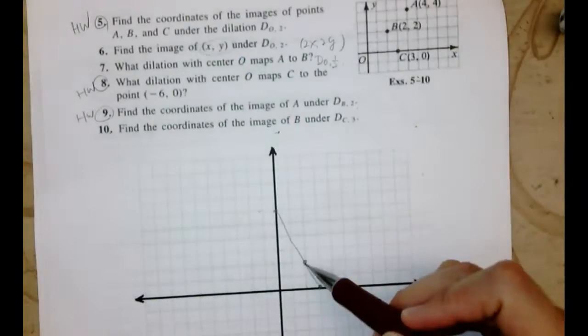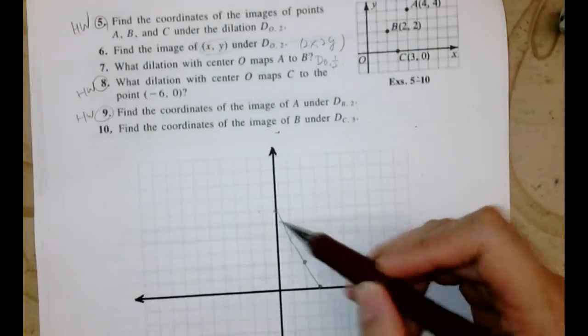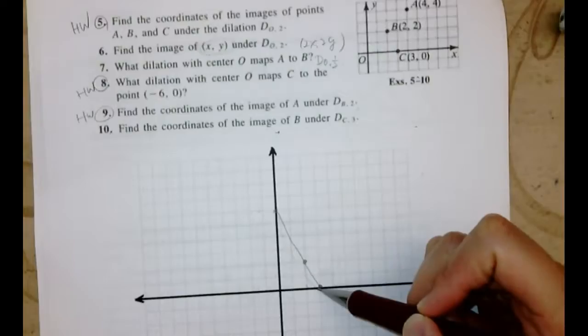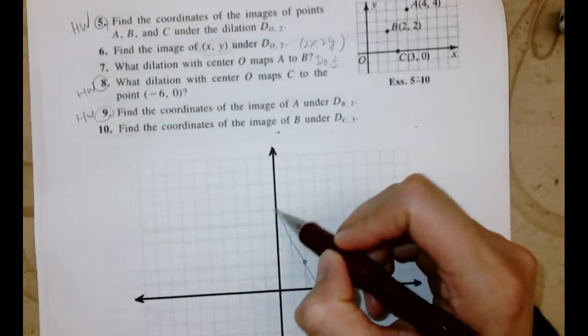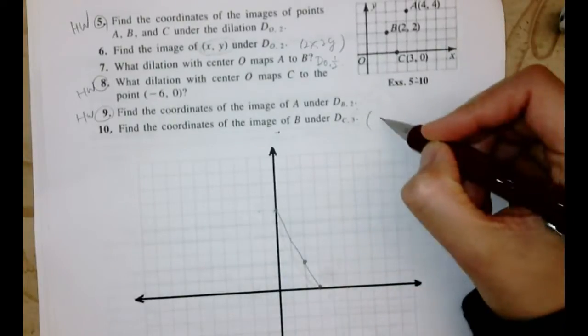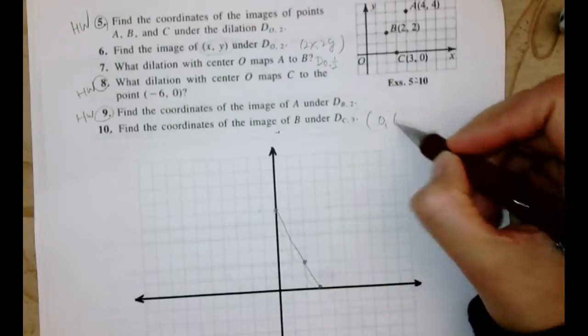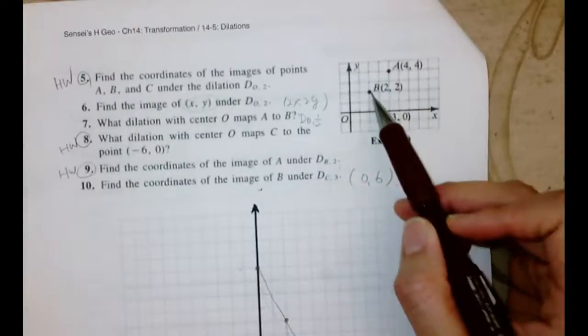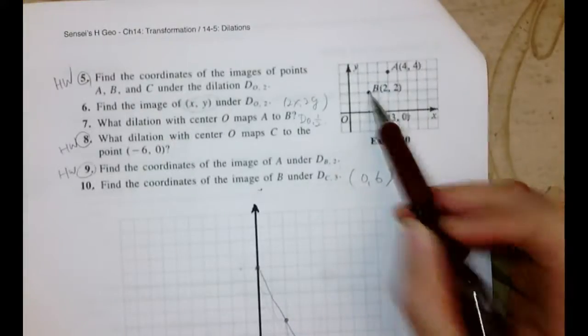Right, that's the 1, 2, 3. So the distance here is 3 times the original, right? So this is going to be 0 and 6. Okay, so you do this one. So this one you're doing A and then this and 2 times.